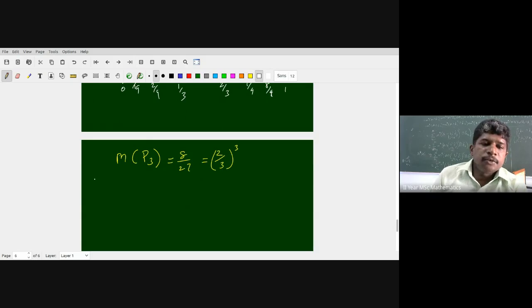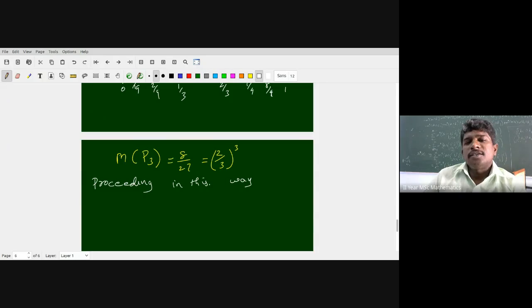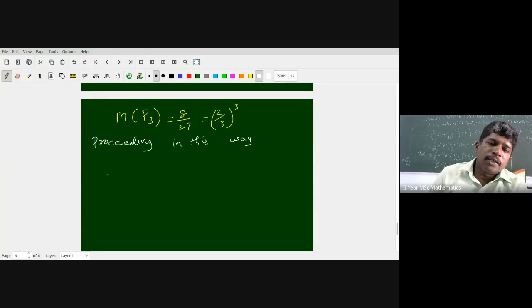Proceeding in this way, at each stage we split each disjoint subinterval into 3 parts. You remove the middle one to produce 2 disjoint subintervals. Then you take the union of all. So at the nth stage we obtain Pn.